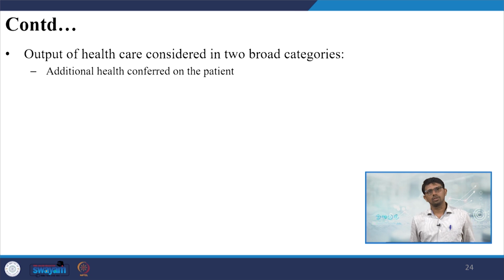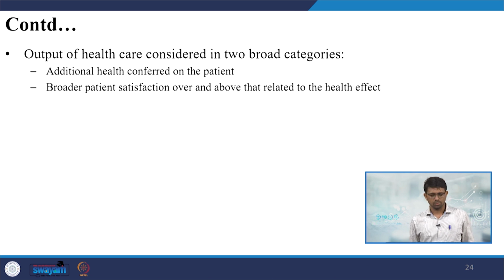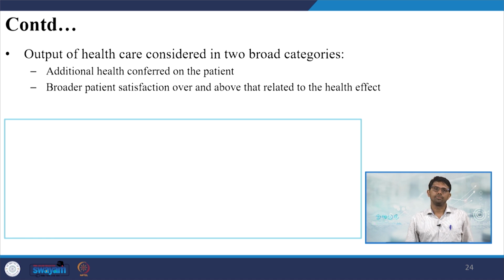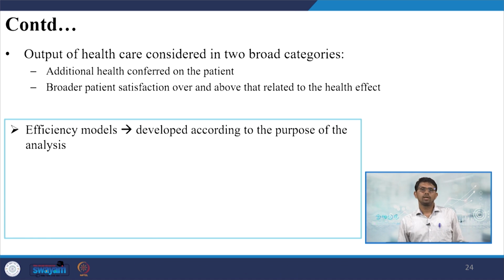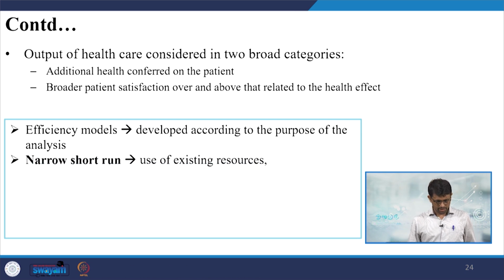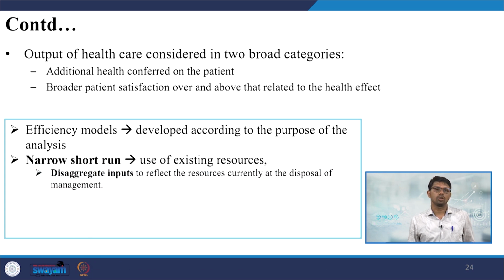Output of healthcare is considered in two broad categories. One is additional health conferred on the patient, and the other is broader patient satisfaction over and above the health effect. An efficiency model is developed according to the purpose of the analysis, maybe for the short run or long run period.